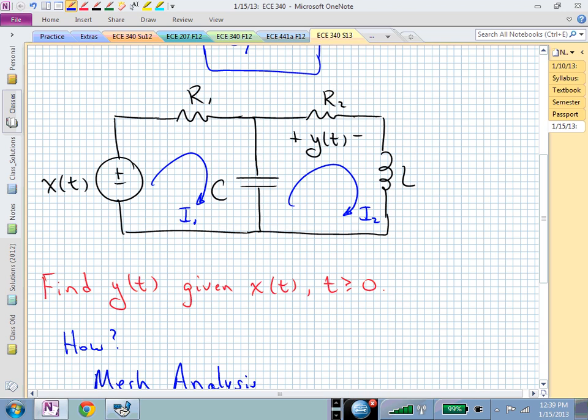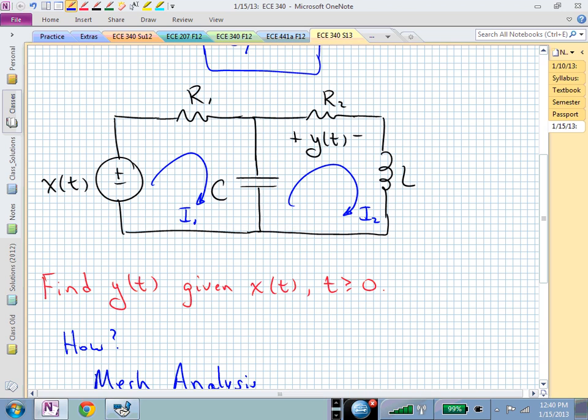At low frequency, at DC, the extreme, s is equal to 0. So it has 0 impedance, doesn't it, that inductor? It looks like a wire. At DC, this inductor looks like a short circuit.